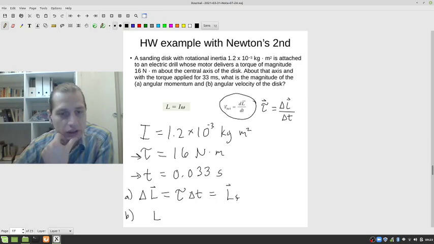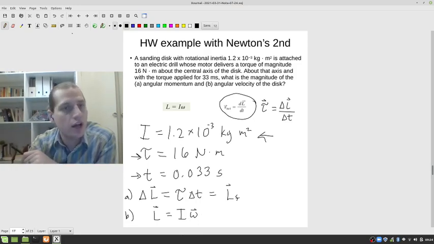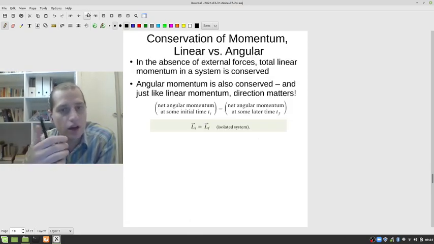Well, if you know your angular momentum, it's going to be I times your angular velocity. And so once you have this, you just divide it by I, which, remember, they gave you, to find your omega. Okay, so give that one a shot. I don't think that is a very hard example, but it might be helpful just to get the notation.